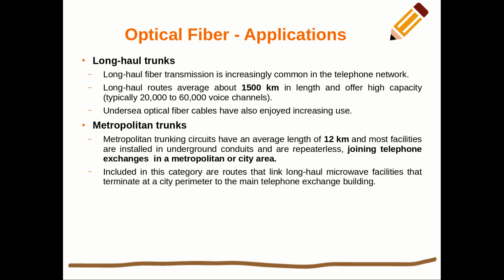Joining the telephone exchanges in a metropolitan or city area. You know, with the exchange, the individual telephones will be connected, and how the exchanges are connected to each other within a metropolitan or city area, we can make use of optical fiber. So much more length is not required here. 12 km is sufficient, and we are providing it without any repeater.